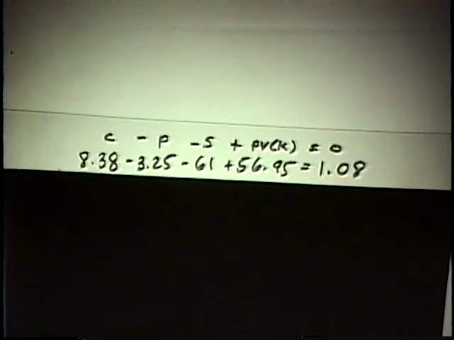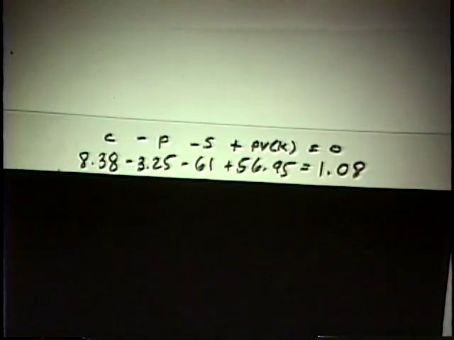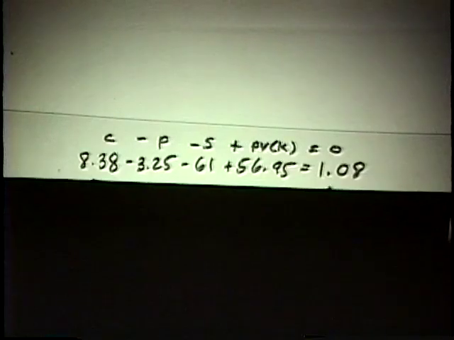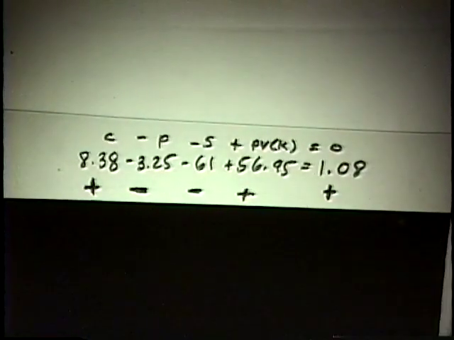So this is what I'm going to do. And it sounds simplistic, but if you do it this way, then you just won't make a mistake. Or the probability of making a mistake is greatly reduced. Sign the cash flows in terms of today.